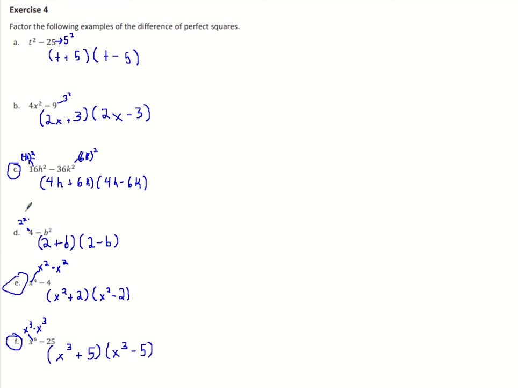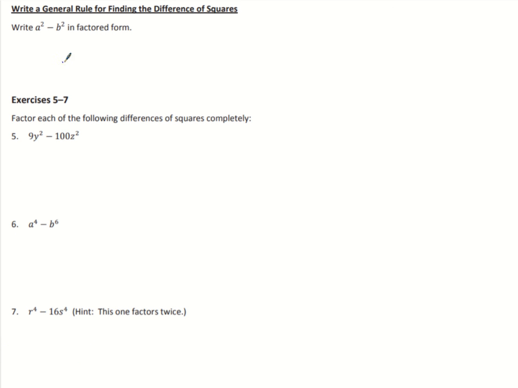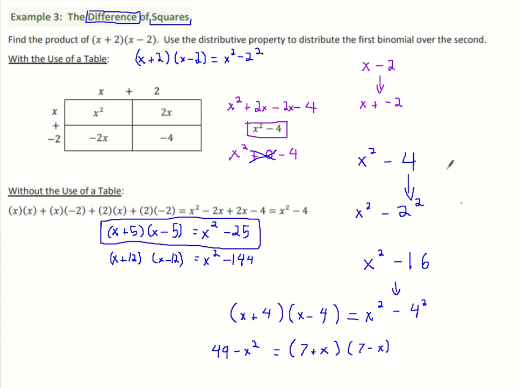Now again, the only ones that really should have given us any trouble would be mostly E and F, maybe C. Everything else should have been relatively easy because we did in fact come up with a general rule, even though we didn't really write it down. The general rule we came up with was that if I had something squared minus something squared, I would take my first thing plus my second thing and my first thing minus my second thing.